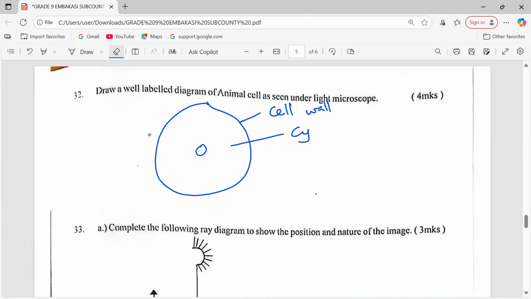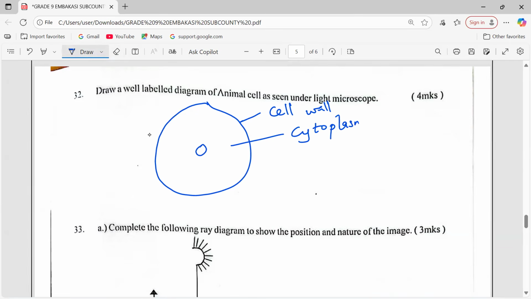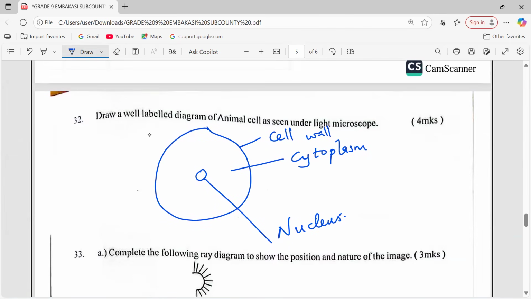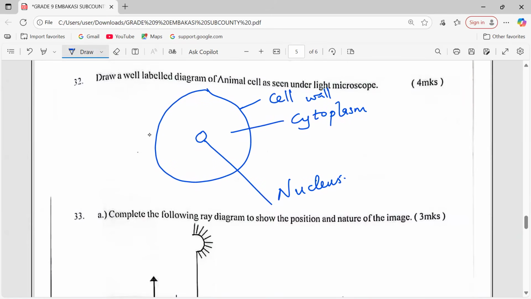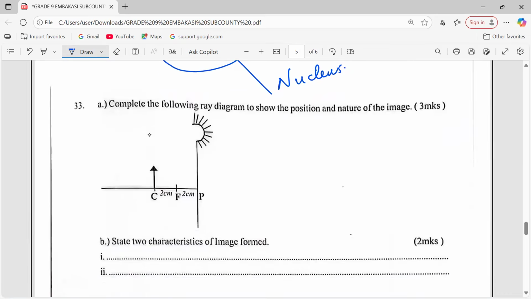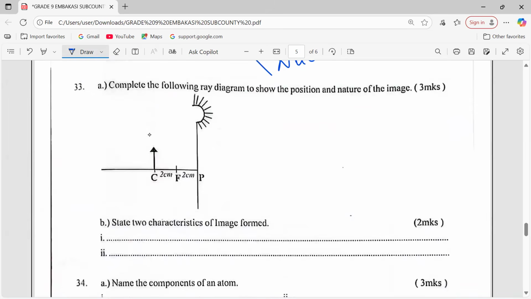So that's how you're supposed to come up with a simple cell. Don't decorate too much. Don't list a lot of labeling, because the more you indicate things, the higher the chances of you writing wrong things.